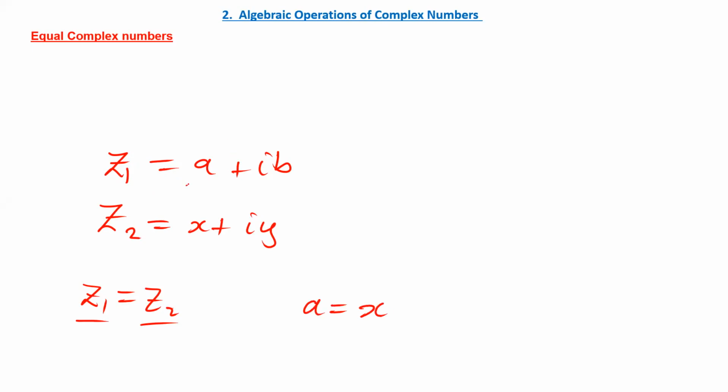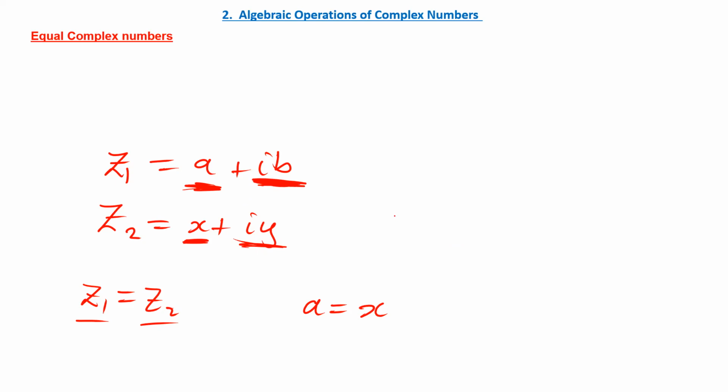X, meaning the real part of Z1 and the real part of Z2 are simply equal. Then it also applies to the imaginary part. So the imaginary part of Z1 and the imaginary part of Z2 are also equal.